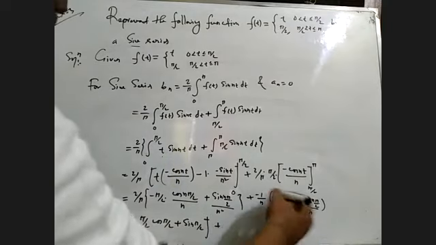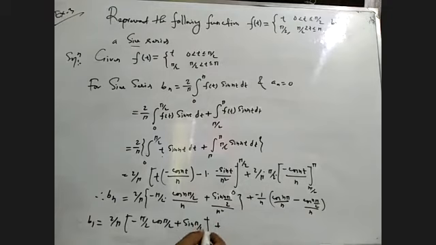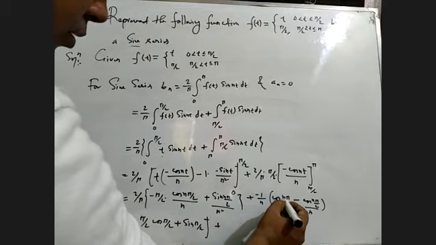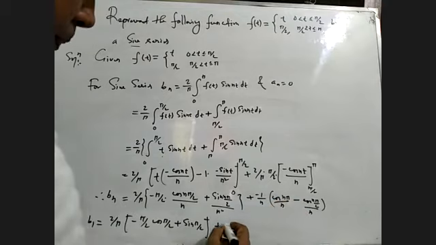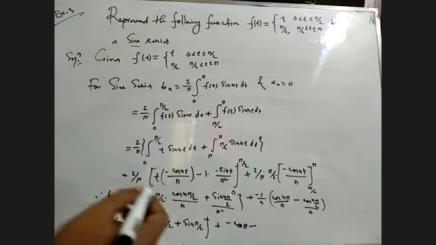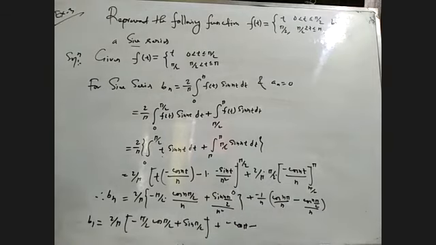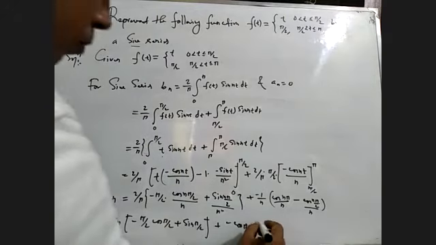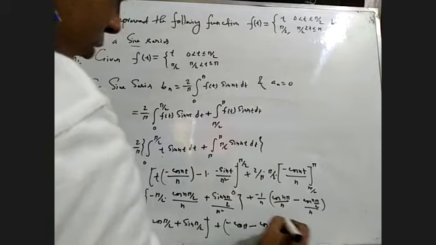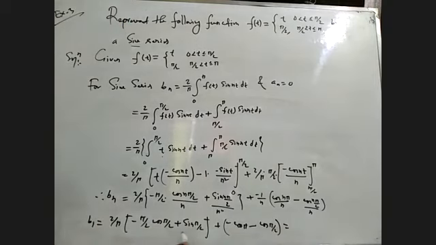Plus, now again putting n equals 1 here, minus cos pi plus cos pi by 2. Actually this equals minus cos pi by 2 minus pi by 2 cos pi by 2.